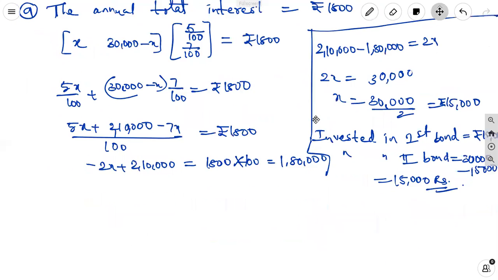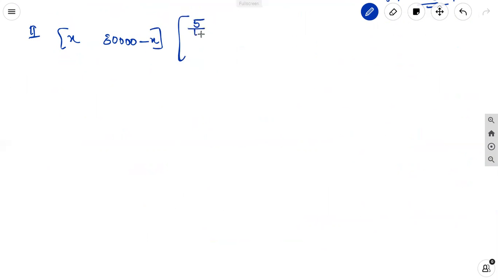For the second case, same as usual only. In the second case, x, 30,000 minus x, rate of interest 5 percentage, 7 percentage is equal to 2,000 rupees.